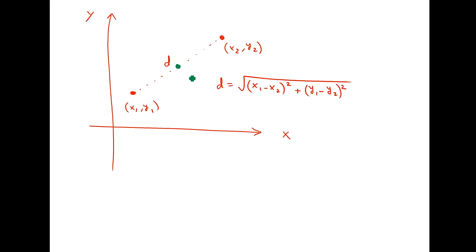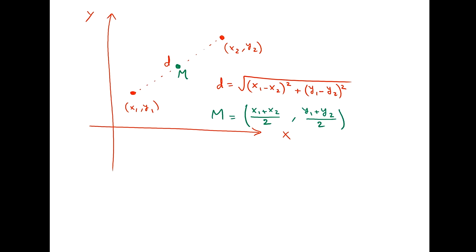So m is computed by x1 plus x2 over 2, and y1 plus y2 over 2.